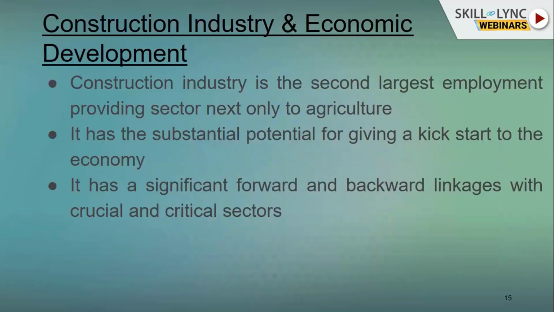To move further, as everyone knows, the construction industry is the second largest employment-providing sector, next only to agriculture. This is regarding the importance of the construction industry. I have mentioned one quick line over there: significant forward and backward linkage with crucial and critical sectors. Here I would like to give you one example, a steel mill.